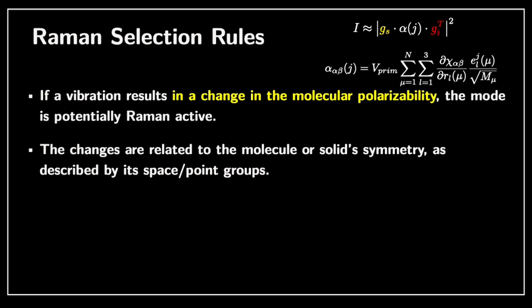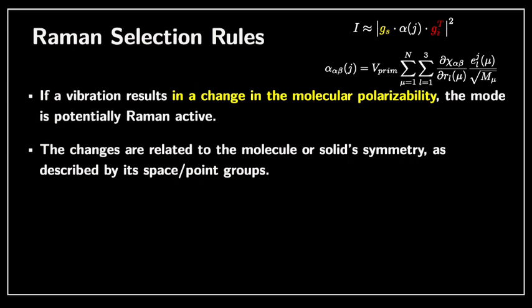Let me tell you an example. Suppose you have a molecule, like H2. If the two atoms are just stretching, if we are stretching the bond, we do not find a change in the polarizability. In that case, we would not have a Raman active mode.